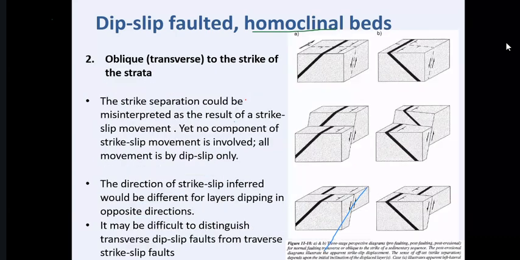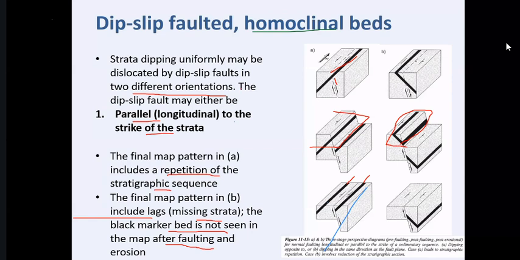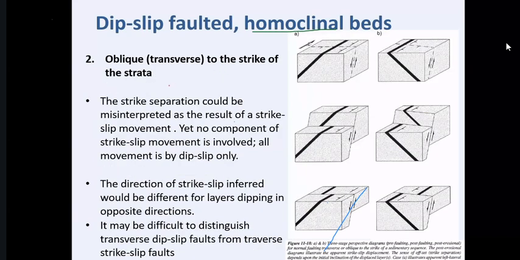The other thing I wanted to show you is that, again, for homoclinal beds, remember we said the dip-slip fault may either be parallel to the strike of the strata, or it could be oblique to the strike of the strata. So this is an oblique fault to the strike.